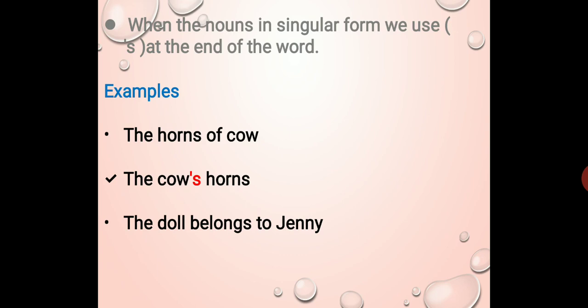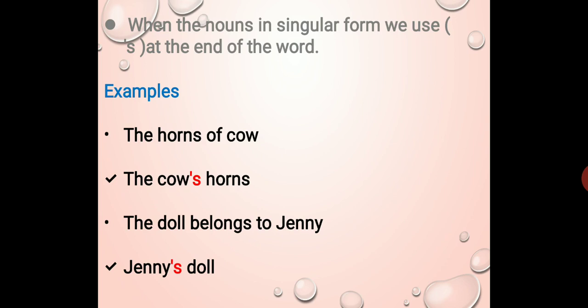So the answer will be Jenny, then we use apostrophe s, and doll. So the answer will be Jenny's doll. This is the rule when we use apostrophe s, when the noun is in a singular form.